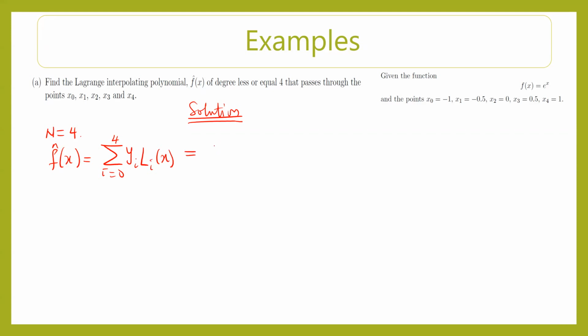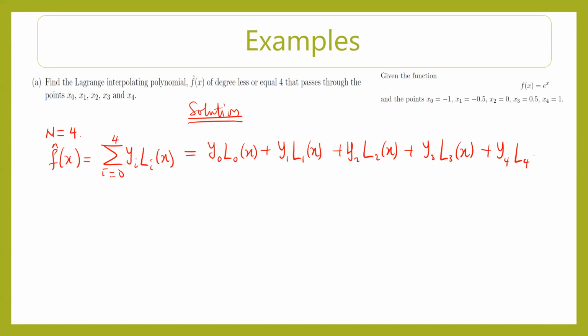If you want to write it explicitly, this is simply y0 L0(x) plus y1 L1(x) plus y2 L2(x) plus y3 L3(x) plus y4 L4(x).